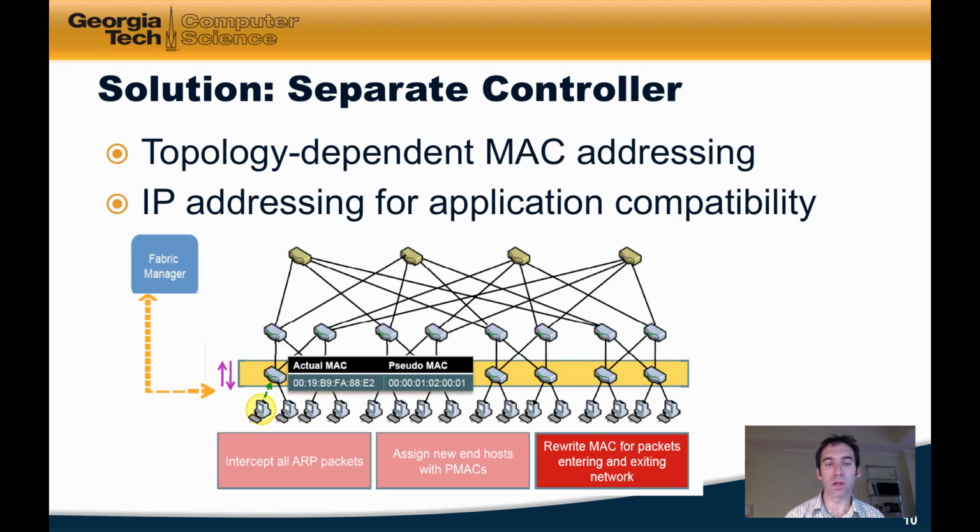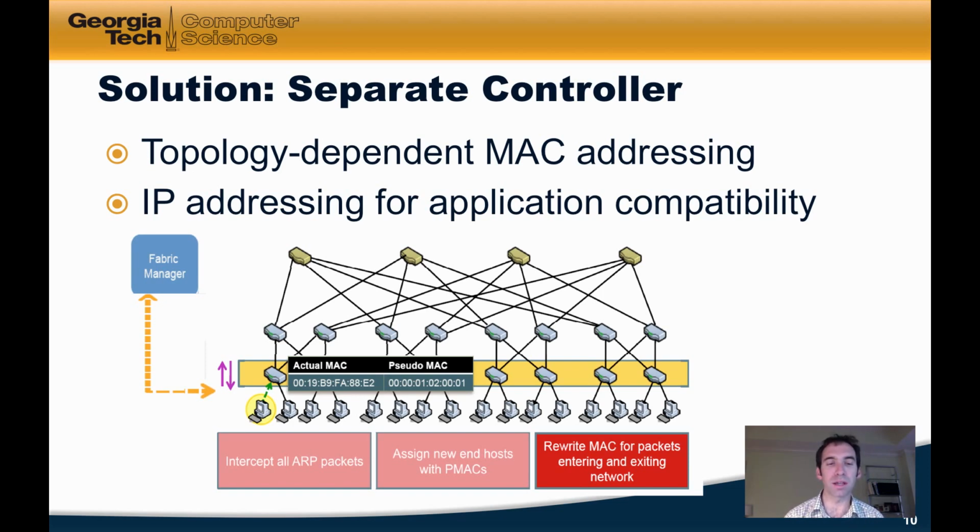So, as we know, if a particular host wants to send traffic to another host's IP address, it will use the address resolution protocol, or ARP, to send out a broadcast query that asks who has a particular IP address. In other words, what is the MAC address for this particular IP address that I would like to send to? And the trick here is that we don't want the destination host to respond because it still thinks it has its old MAC address.